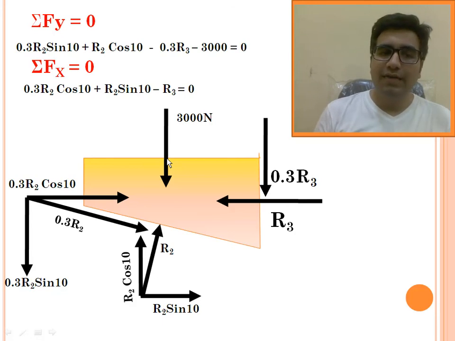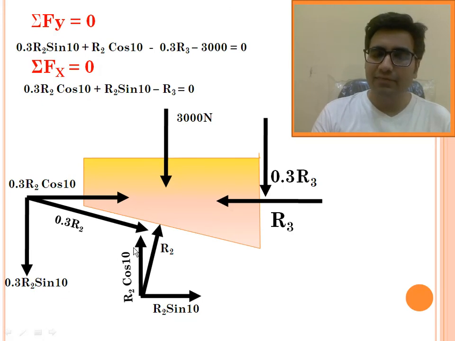When we apply the condition of equilibrium on the upper wedge, we know that this wedge is at an angle of 10 degree. That means this surface is at an angle of 10 degree with horizontal. So this friction force is parallel to this surface, so this makes an angle of 10 degree. Also, as the surface is at an angle of 10 degree with horizontal, the normal reaction will be at an angle of 10 degree with vertical.